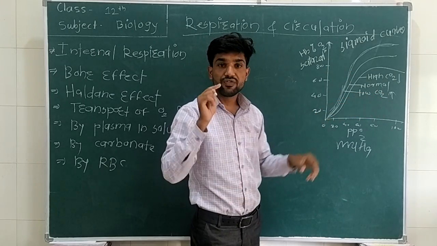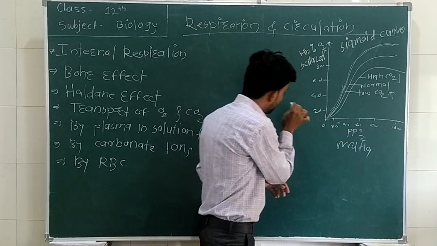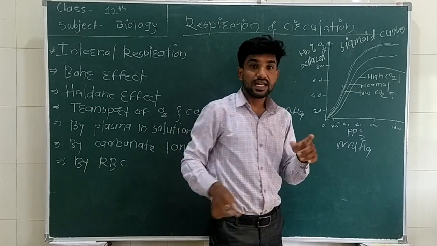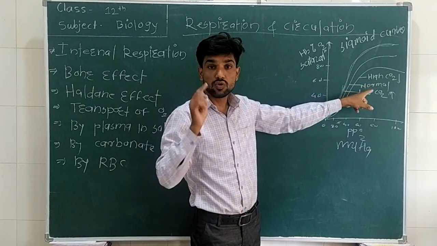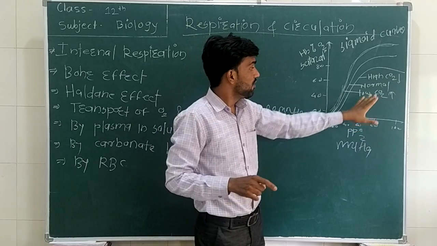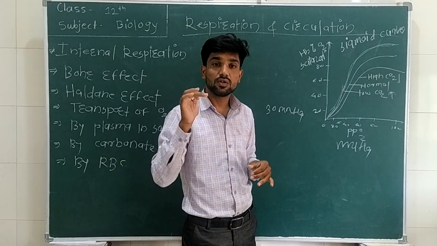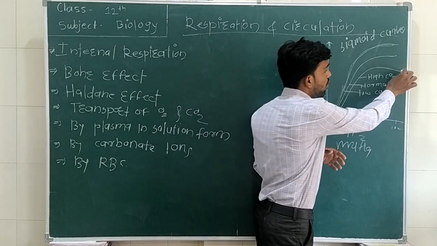Next, your normal. If there is 30 mmHg of oxygen, then there is 50% saturation. So this is your normal. But if your carbon dioxide level is high, the saturation is low, and the graph moves to the right side.